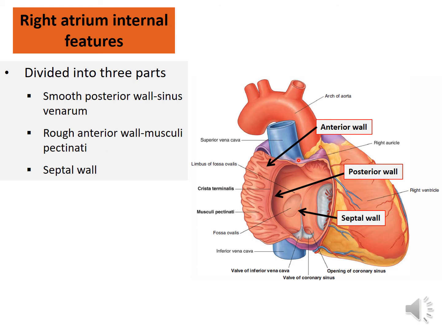And here it presents a septum which separates the right atrium from the left atrium. So the interior is divided into 3 parts: a smooth posterior wall, a rough anterior wall, and a septal wall.